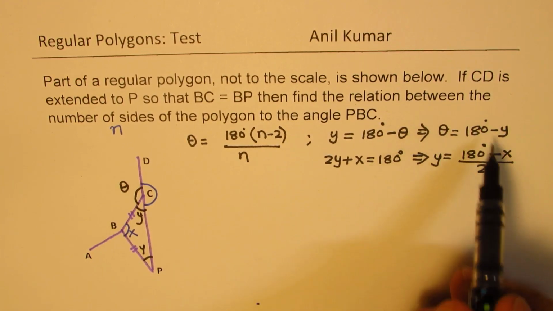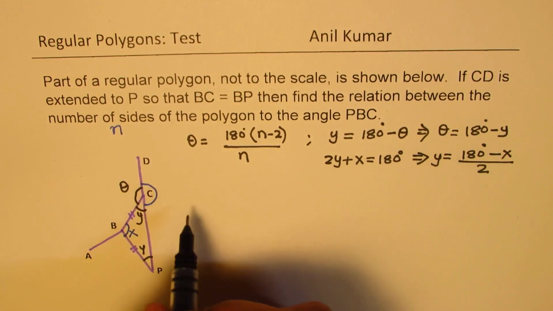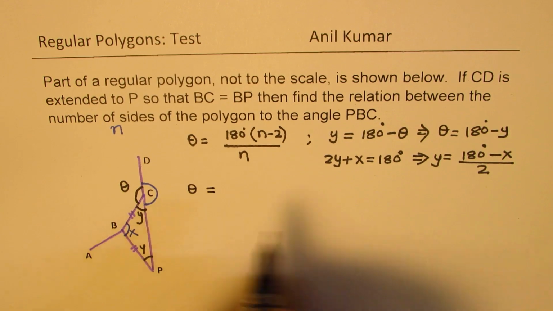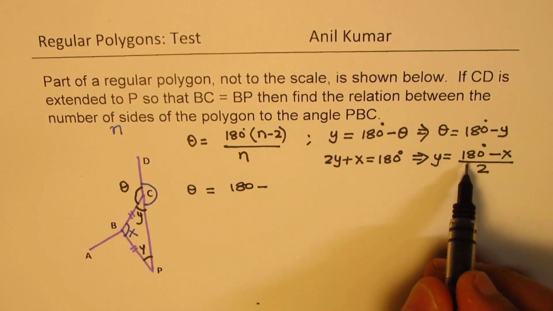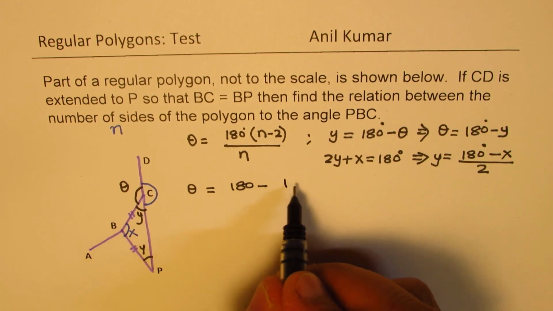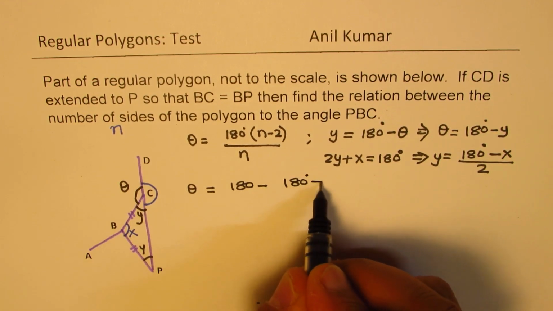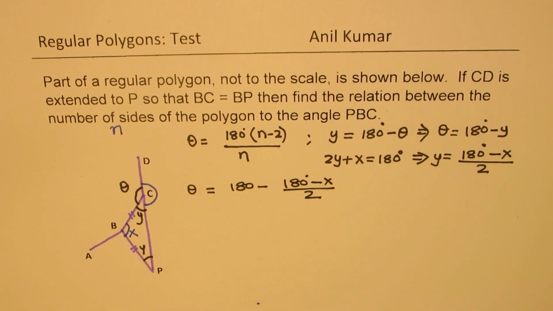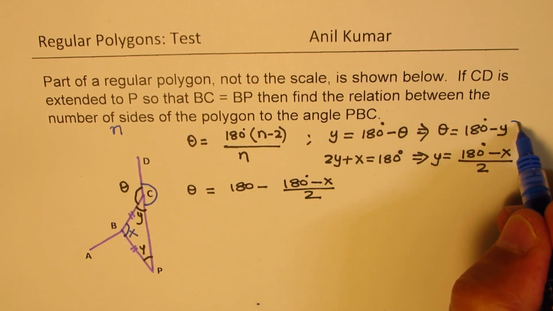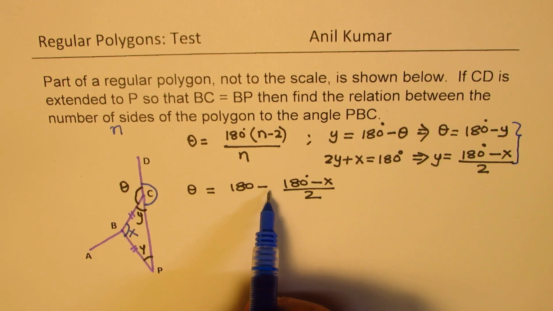So what we get from here is that theta is basically equal to 180 minus y. Instead of y, we will write this as 180 degrees minus x over 2, right? That is y. So we combine these two. Correct?